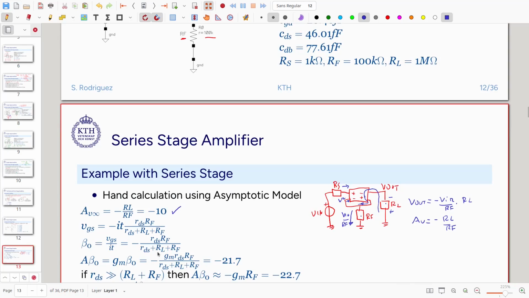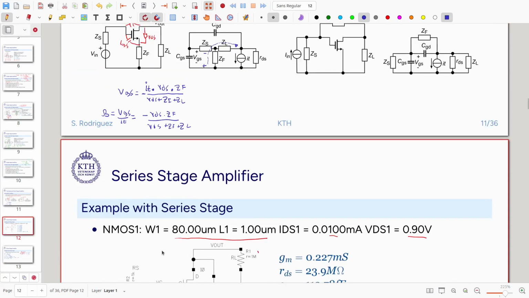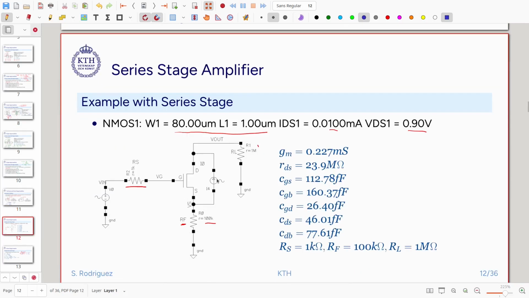So we have RDS RF divided by RDS plus RL plus RF. I am assuming that these are resistive, so if ZF is equal to RF and ZL is equal to our resistor RL, assuming resistive loads, which we can see here, so we can see that they are resistive.